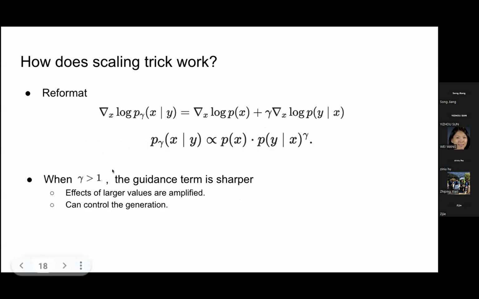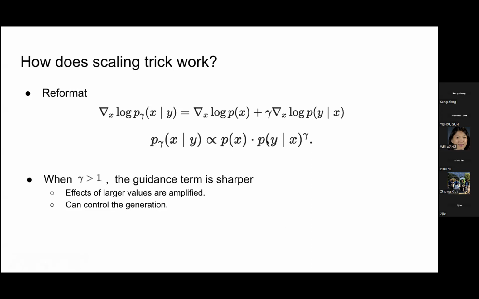The reason is that if gamma is large enough, because this is a probability, the value is from 0 to 1, then the guidance, this conditional probability, would become much sharper. It means the difference between a larger value and a small value will be amplified.